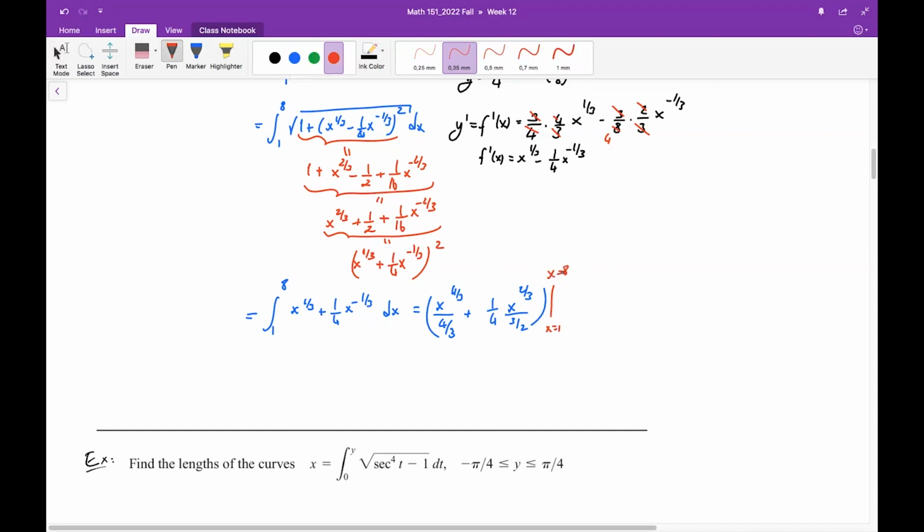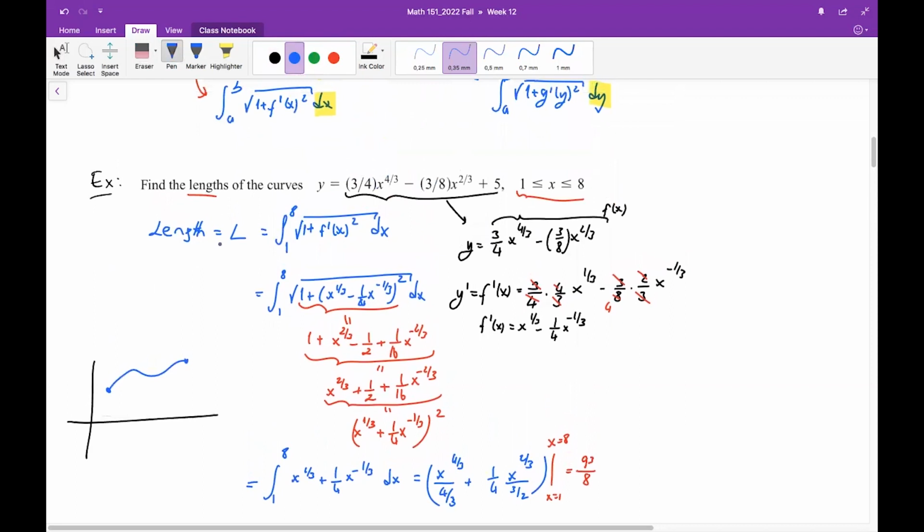If you insert 8 first and then 1 and then take the difference, you will obtain this result as the length of your curve. Okay, so let me write here what we have found. 93/8 is the length of the given curve.